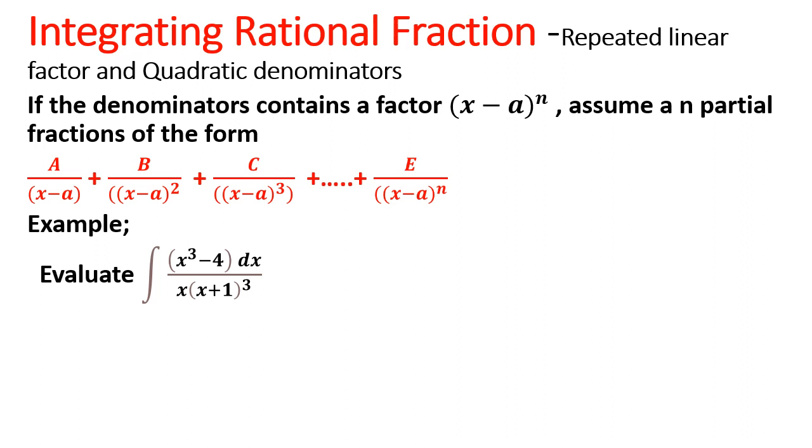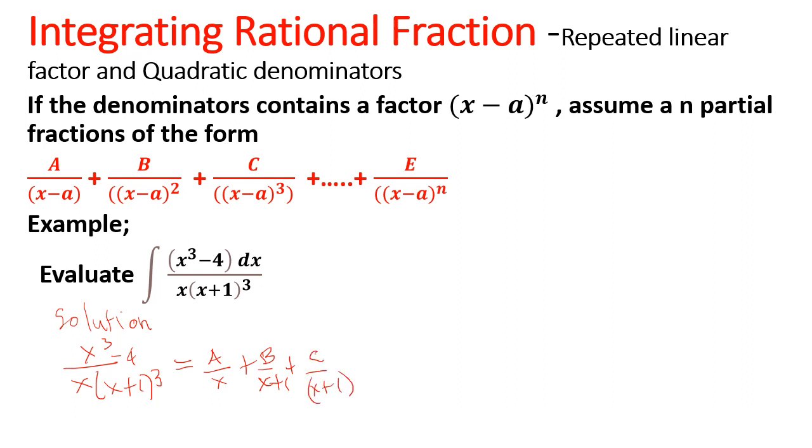So your solution: (x^3 - 4) over (x + 1)^3 equals A over x plus B over (x + 1) plus C over (x + 1)^2 plus D over (x + 1)^3.